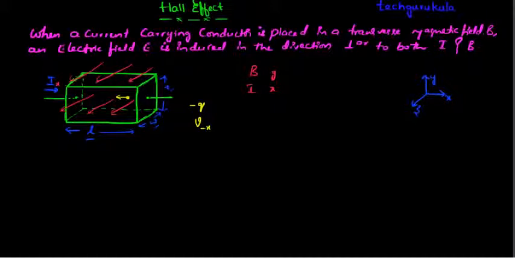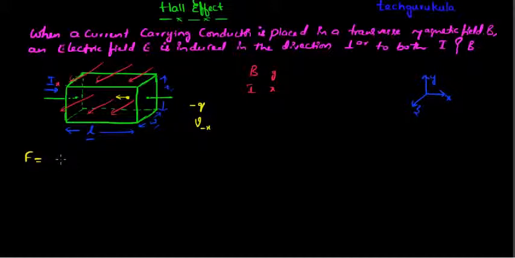Now you have a magnetic field in Z direction, electron moving in minus X direction with a velocity V. Now there will be Lorentz force applied on the electron here. Let us consider Lorentz force equation.